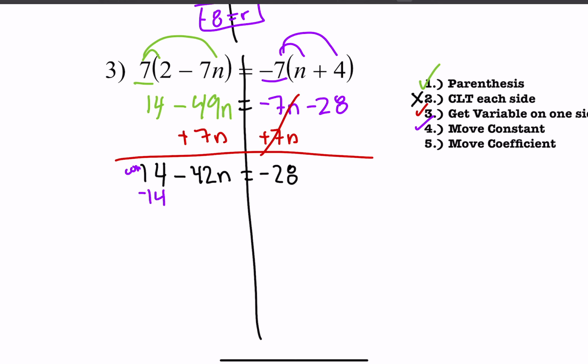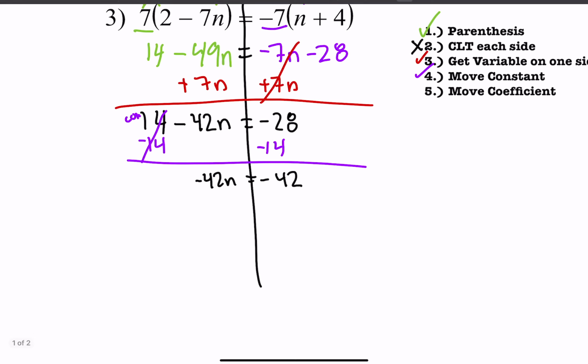So I'm going to subtract that 14 on both sides. This leaves us with -42n equals -42. And then I have a coefficient, so I'm going to move my coefficient and divide by -42 on both sides. And a negative 42 divided by a negative 42 is a positive 1.